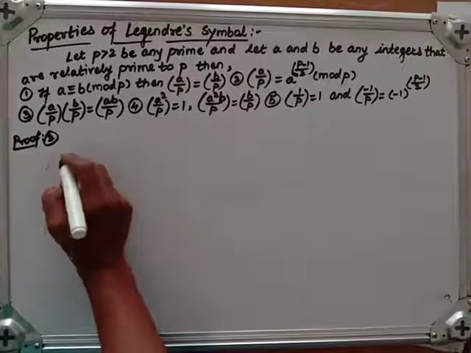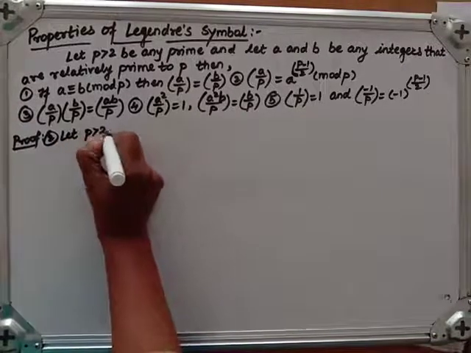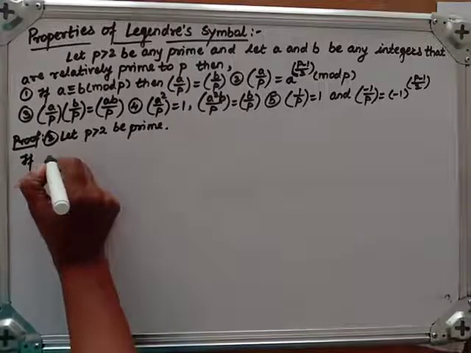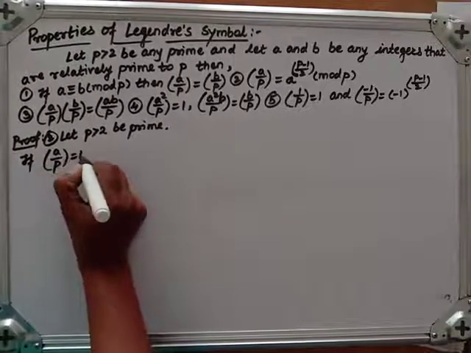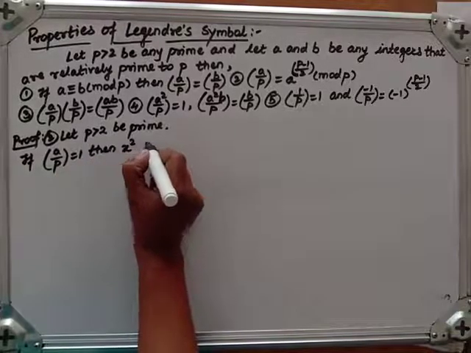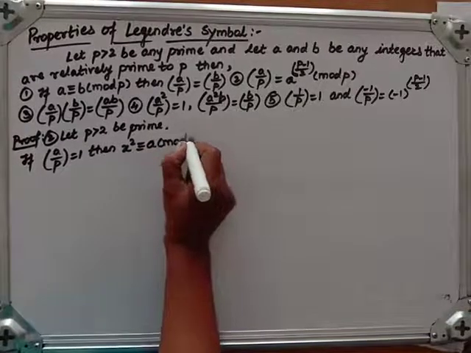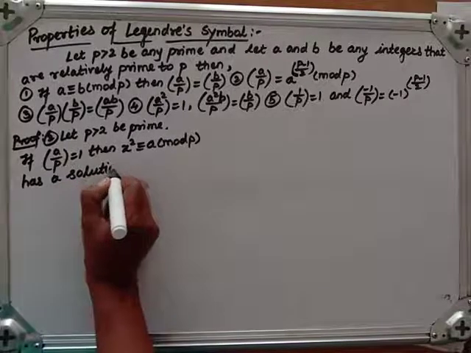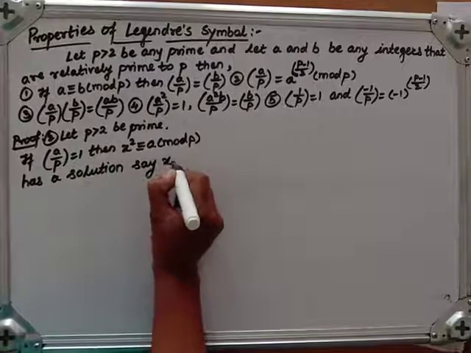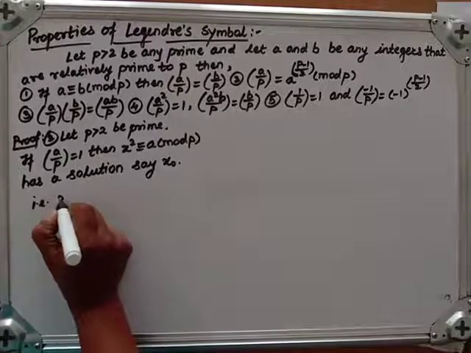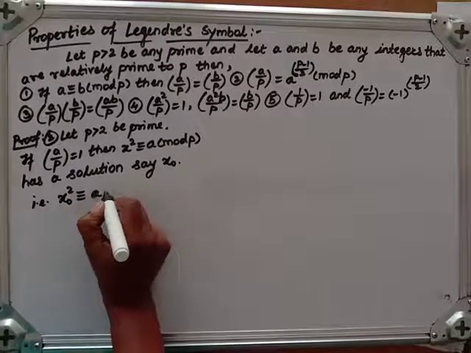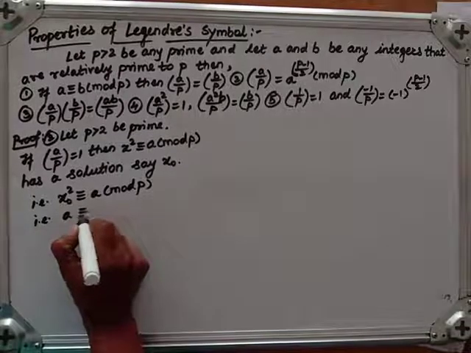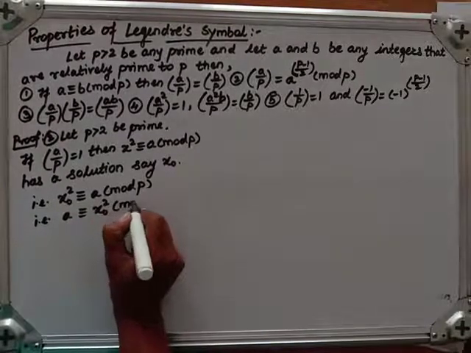Second, let p greater than 2 be prime. If Legendre symbol of a by p is equal to 1, then x square congruent to a modulo p has a solution, say x naught, that is x naught square congruent to a modulo p, that is a is congruent to x naught square modulo p.